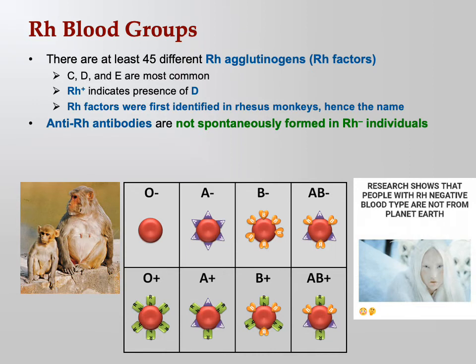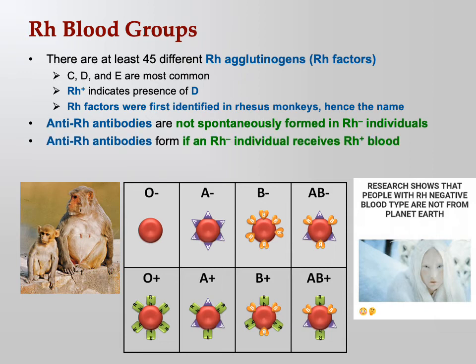It's the Rh negative people. But as it turns out, they don't normally form antibodies unless they are exposed to Rh positive blood. So if an Rh negative person comes into contact with Rh positive blood, then they'll form the antibodies.